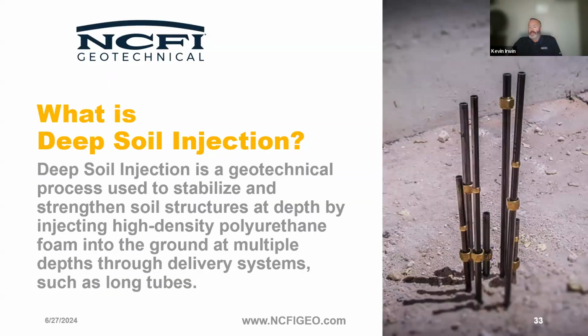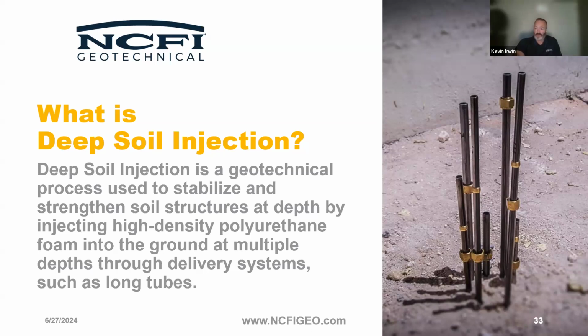All right. Deep injection. This is the process of injecting rapidly expanding polyurethane foam at depths, under confinement, to densify soils and stabilize structures on top. We're going to be injecting through casing.